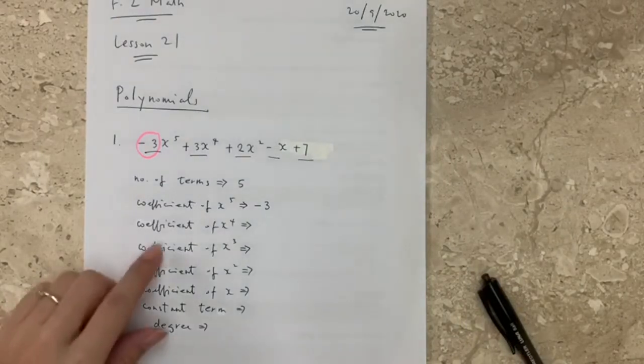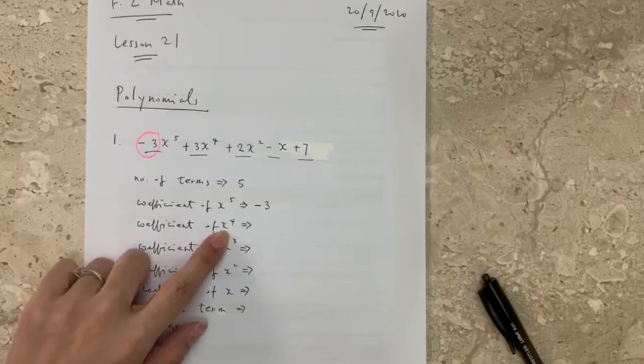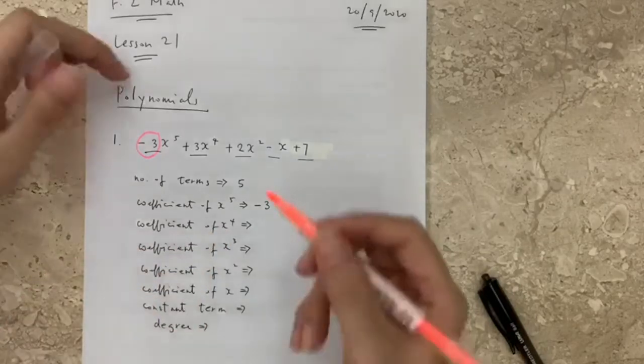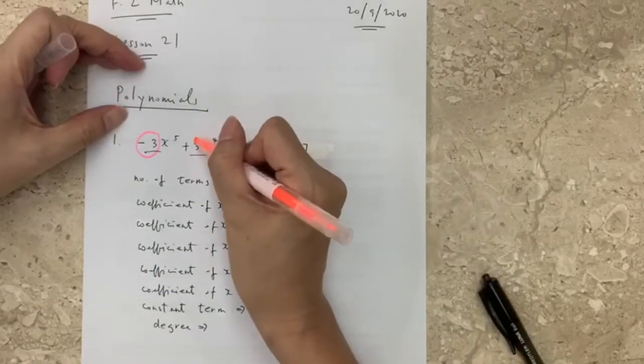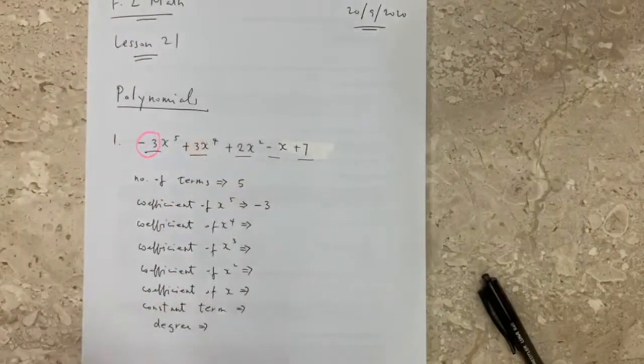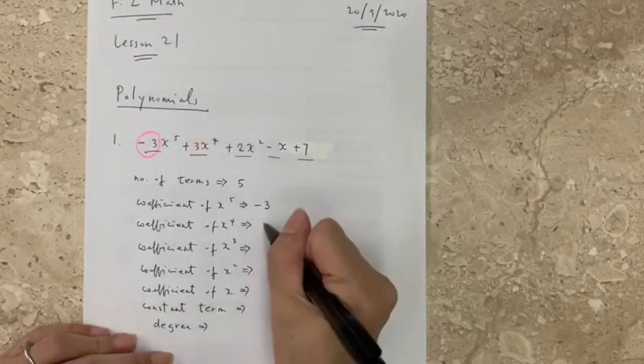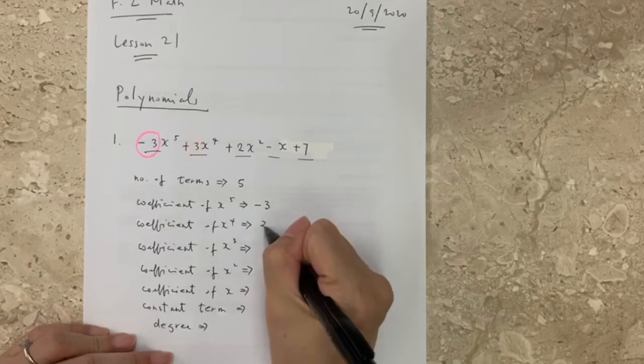Alright, so how about coefficient of x to the power 4? So we have this x to the power 4, so this 3 will be the coefficient of x to the power 4. So the answer here is 3.